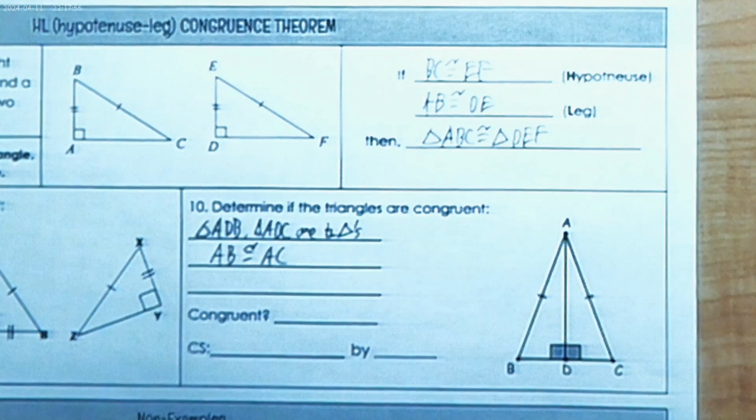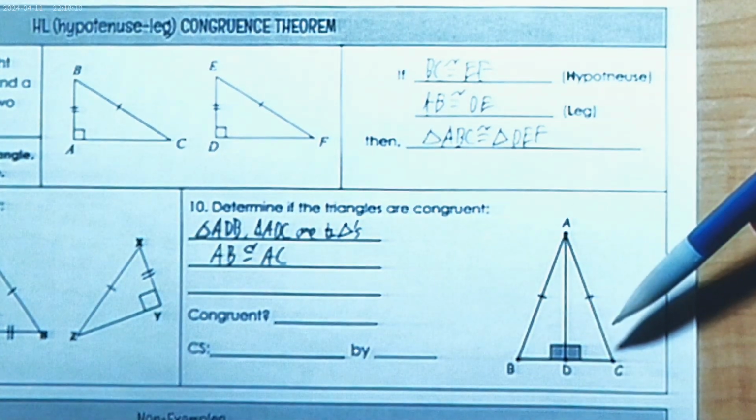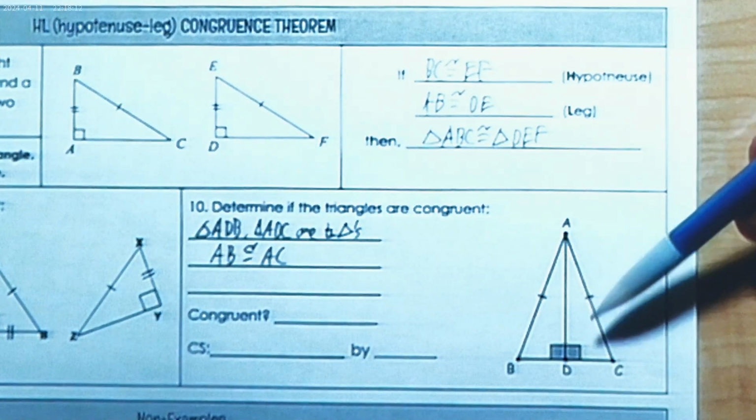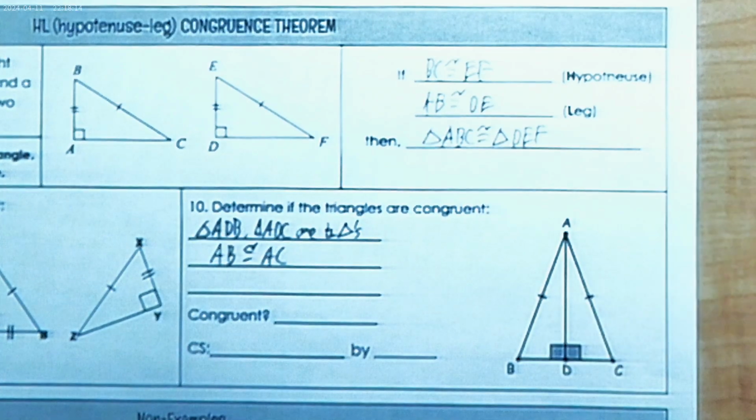So, see, here's the problem. What I'm trying to do is justify saying that AD is an angle bisector. Because if it's an angle bisector, then that means that BD and DC are equal parts.